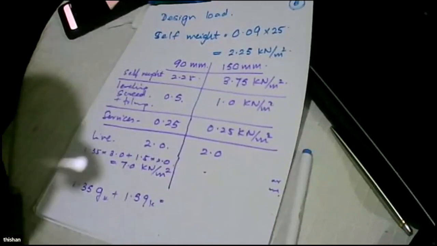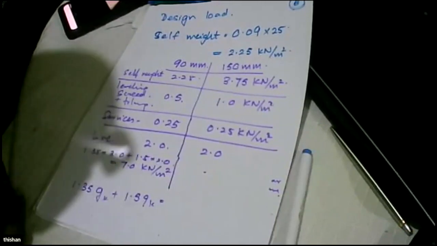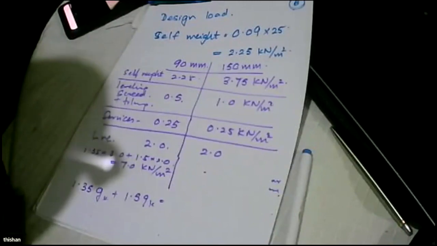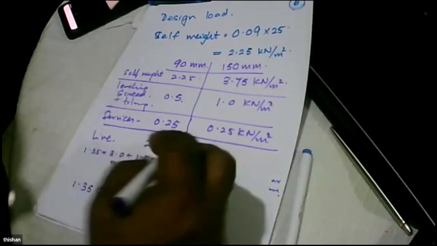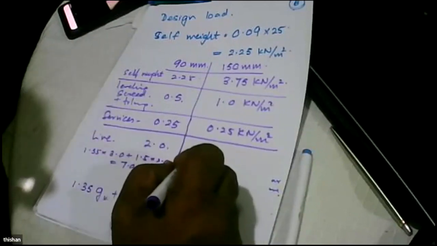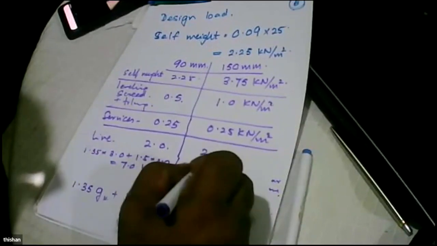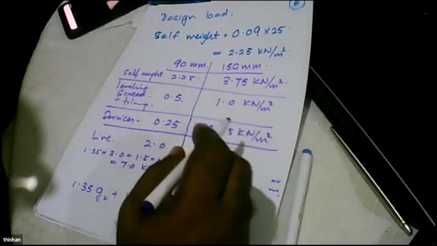What is the value, Bandhuka? 7.05. Yeah, so we say 7. Okay. On this side, we get 1.35 times 4.5 plus 1.5 times 2.